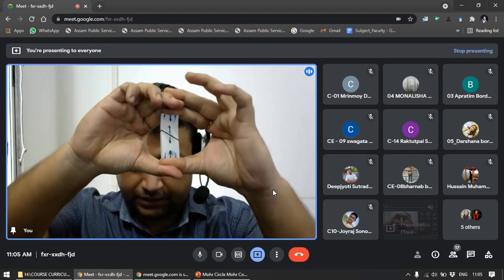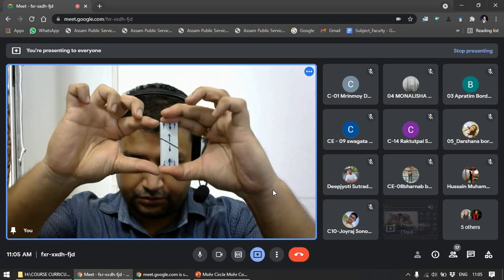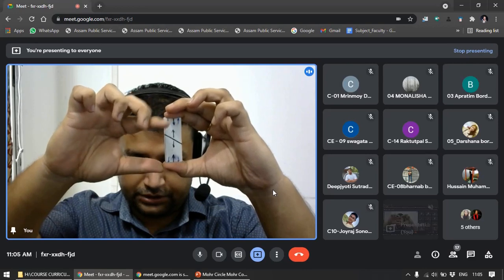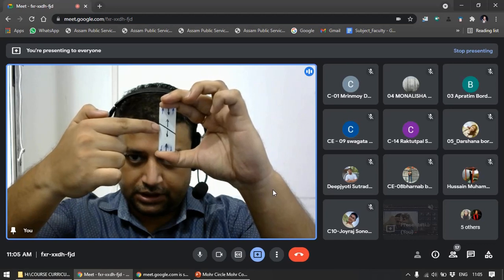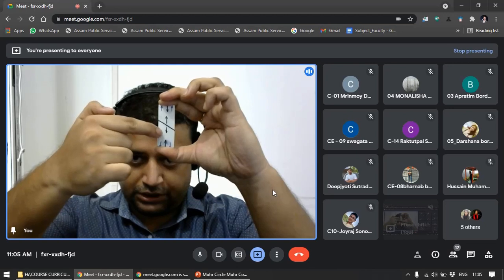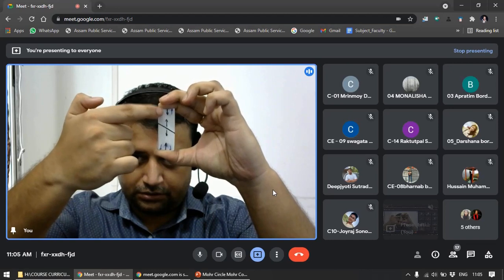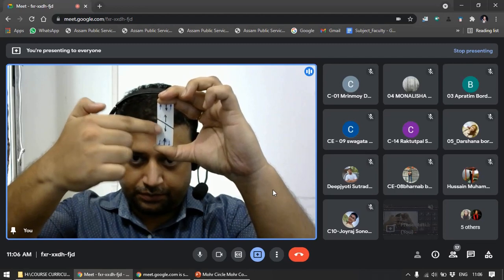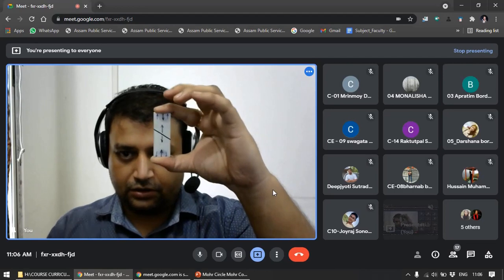I am applying a compressive force in this manner, so it is getting compressed. The blue arrow is the reaction which I am getting from the rubber. If we consider a plane at any intersection, this part is exerting a force onto the top part, and the top part is exerting this force onto the bottom part, on any plane in fact.